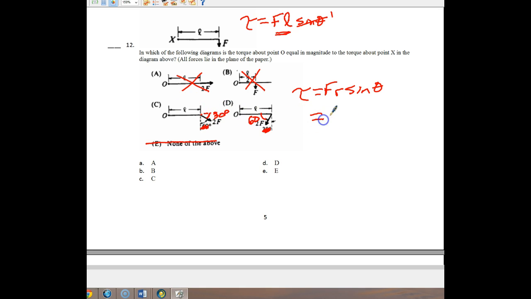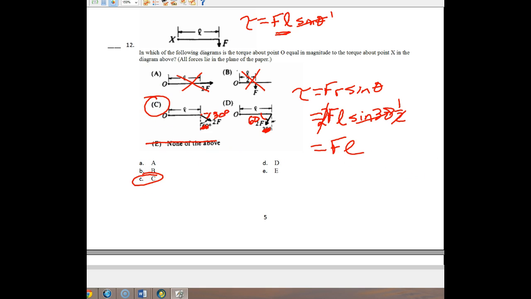So this is equal to 2F, because that's the force, times our length, times the sine of 30 degrees. Now the sine of 30 degrees is equal to 1/2, and if I cross off my 2's, aha, there's the answer. It is FL, just like the original torque, so our answer is letter C.